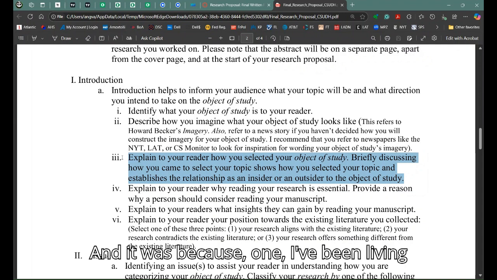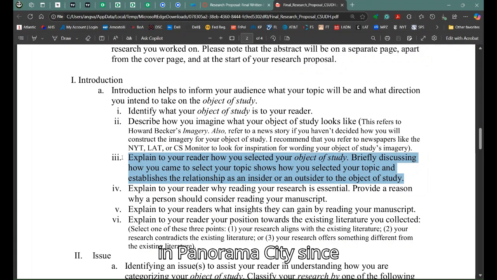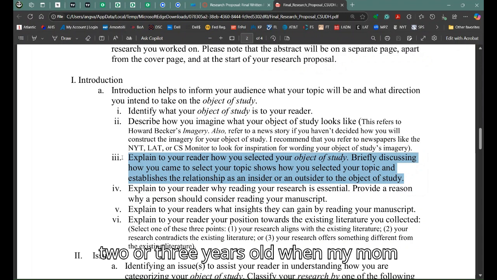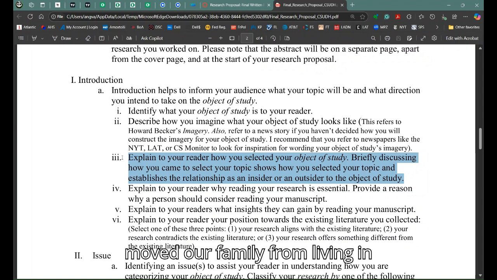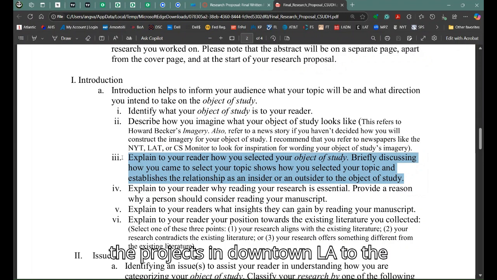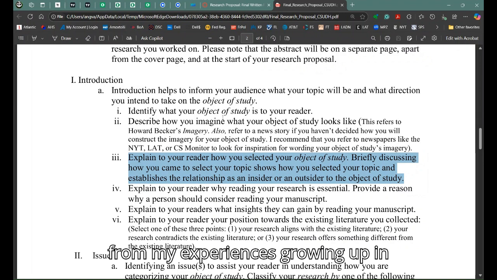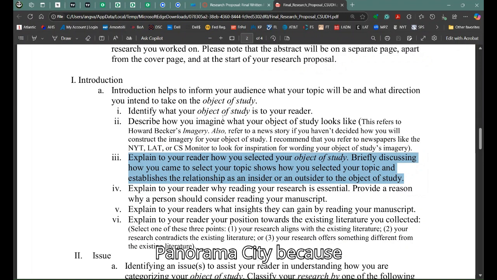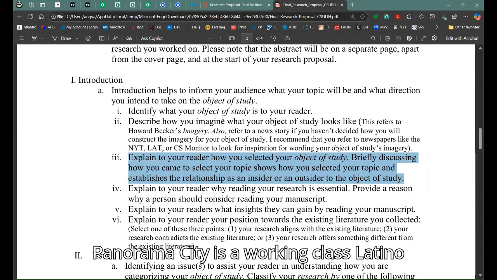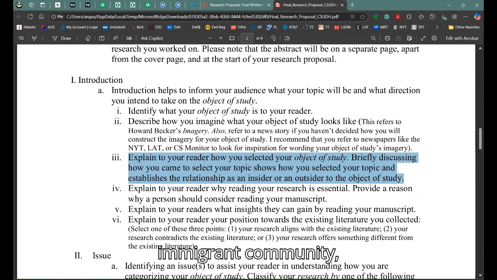And it was because, one, I've been living in Panorama City since 1971. I think I was like 2 or 3 years old when my mom moved our family from living in the projects in downtown LA to the San Fernando Valley. Okay. And then I also wrote and explained that my identity as a working class Chicano comes from my experiences growing up in Panorama City, because Panorama City is a working class Latino immigrant community, right?